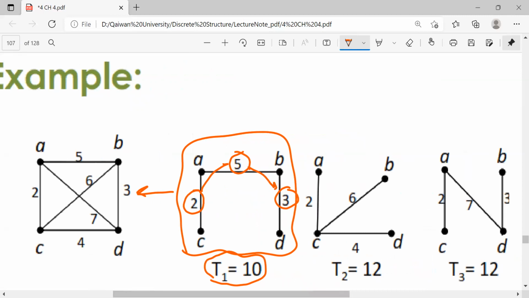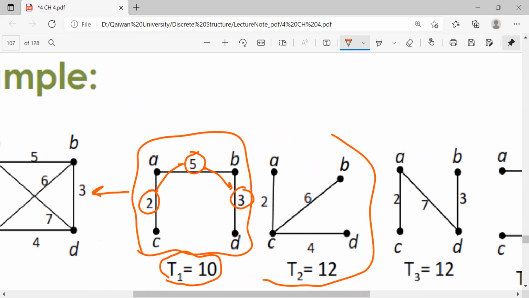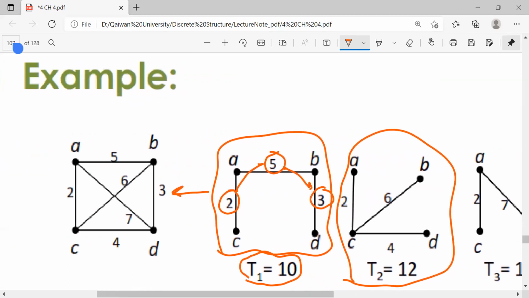And this is also a spanning tree for that graph. The weight of this edge is 2, the weight of this edge is 6, and the weight of this edge is 4. We are going to find the sum of the weights for all the edges.